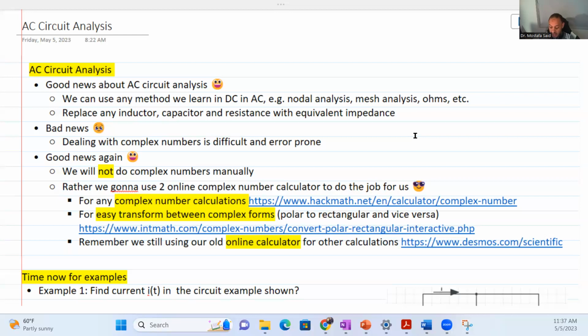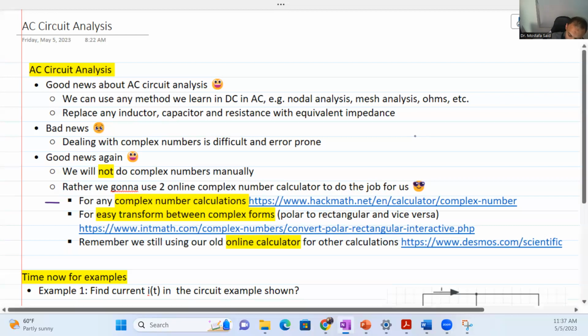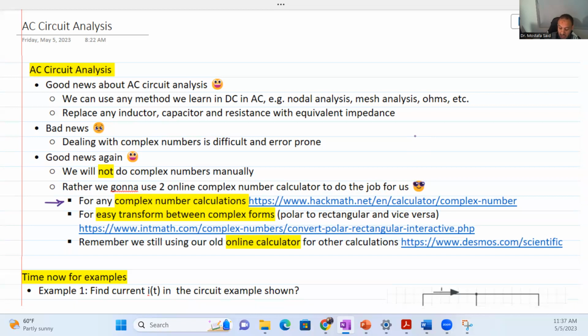So just a reminder, we have two links. This tool here is to do calculations like multiplication, addition, subtraction, whatever, and to convert from polar form to rectangular form or the opposite, we use the second one here. And of course, don't forget our basic tools that we use from the beginning of the course, which are our online calculators for any other calculation.